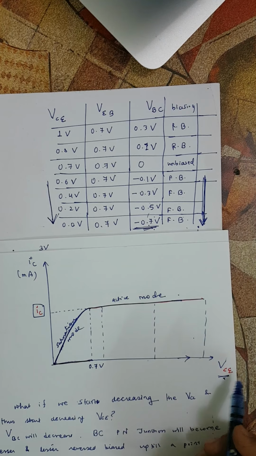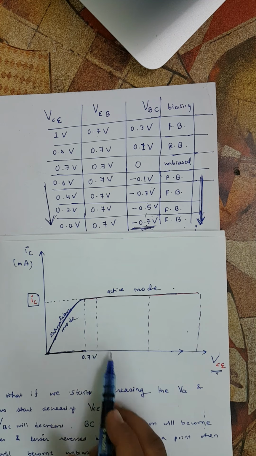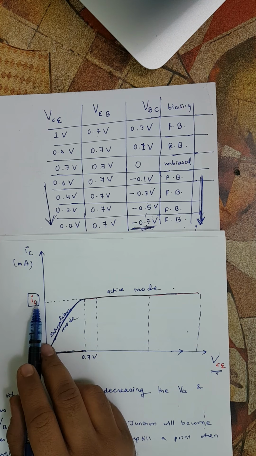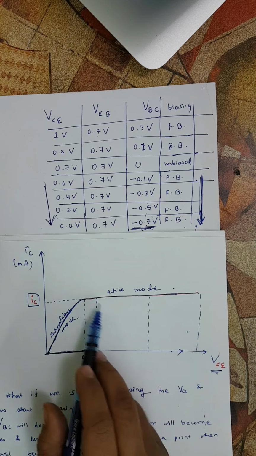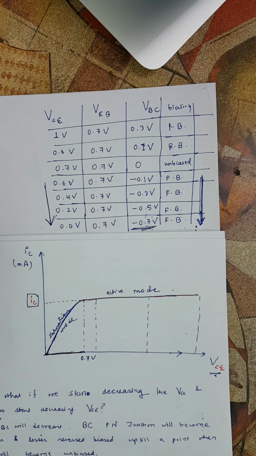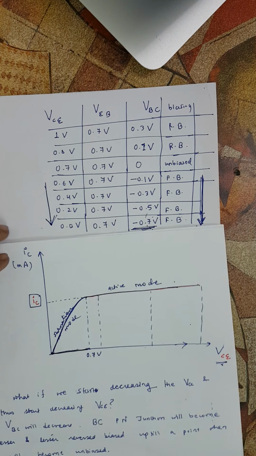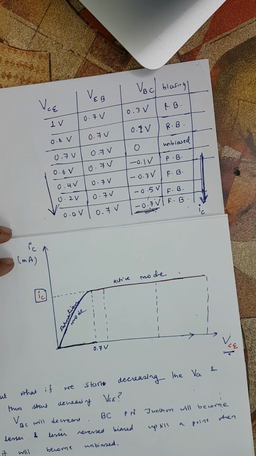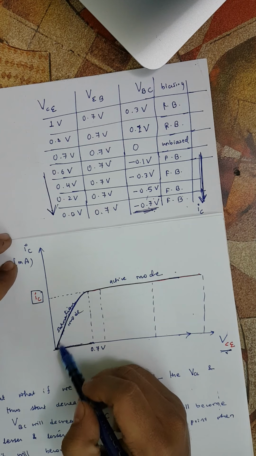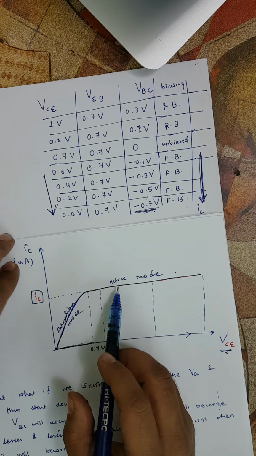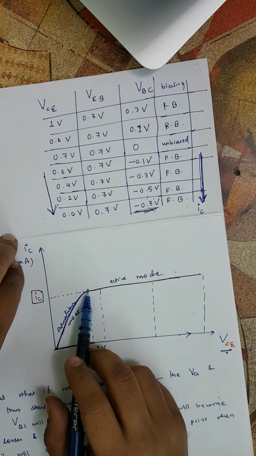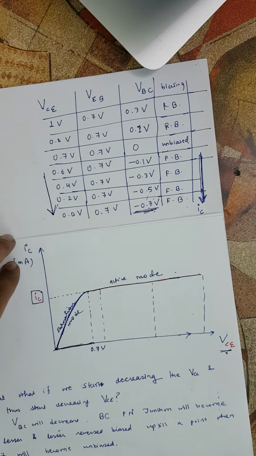In one mode, IC is controlled by VCE, which is saturation mode, and in another mode, IC is independent of VCE and is controlled by IB, and this is called the active mode. Transistor as a switch utilizes the saturation mode properties, whereas transistor as an amplifier utilizes the active mode characteristics.